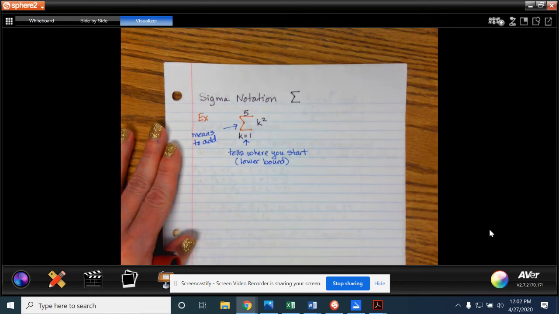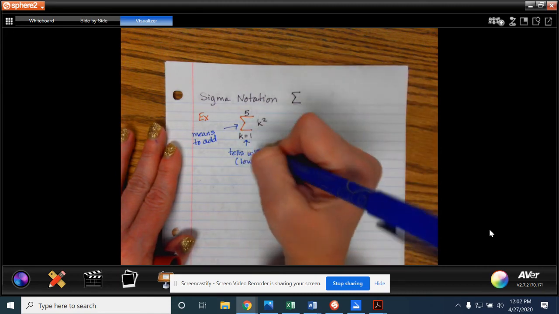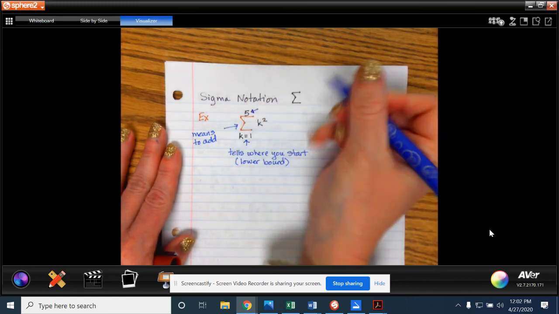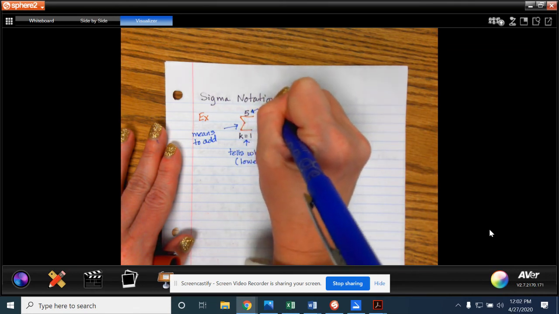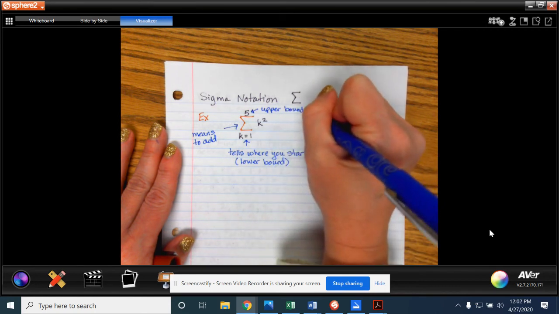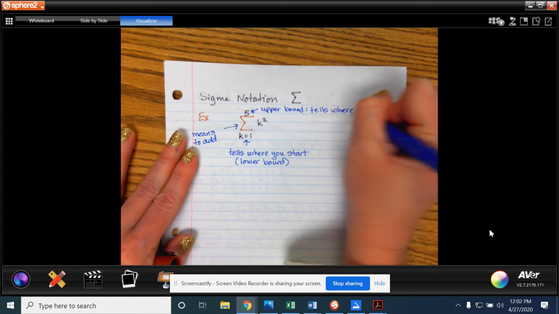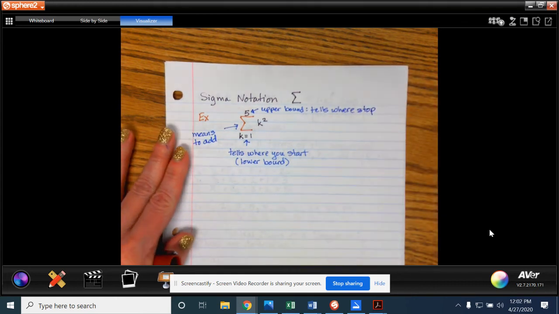So it just tells you I'm starting at the unknown or the value of 1 in the function. And then that means if that's the lower bound, then this item at the top is considered upper bound, and it tells where you stop. So with a summation, you need to know where you're going to begin and where you're going to end.